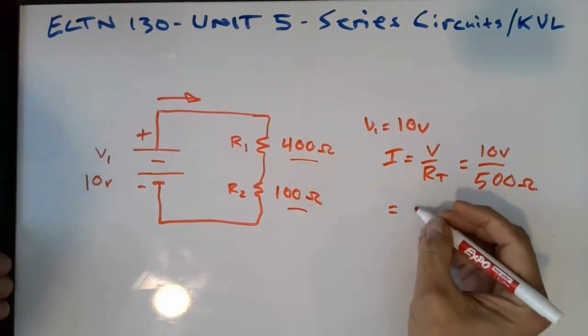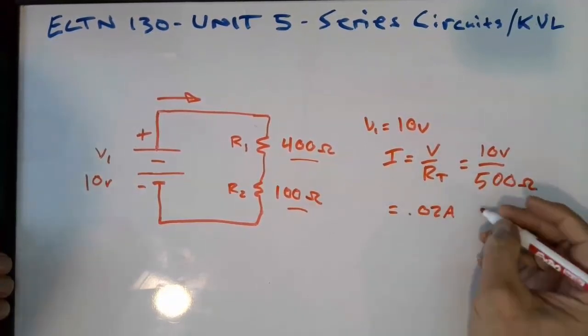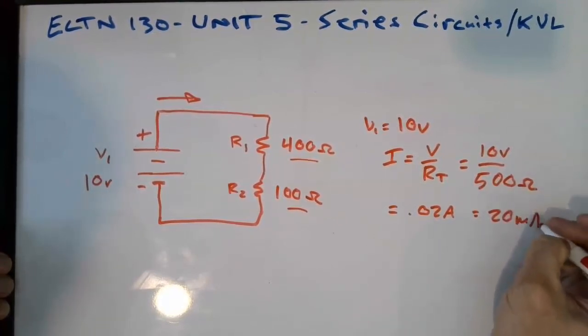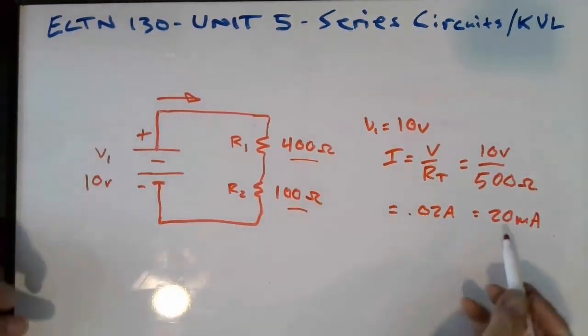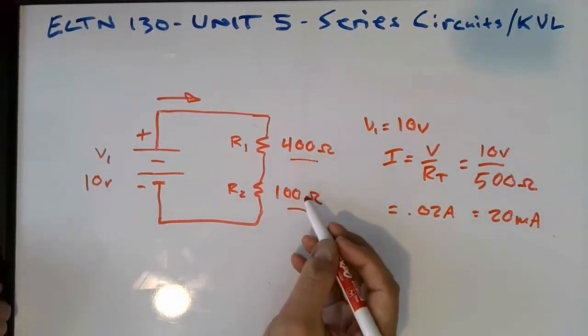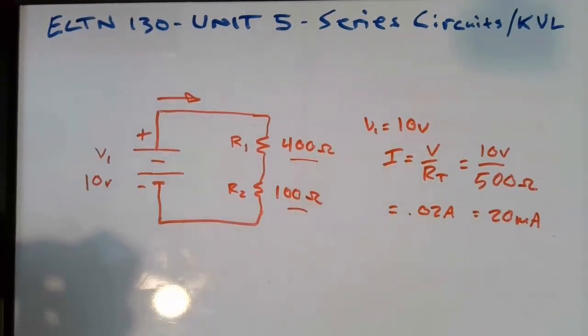If we calculate that out, that ends up being 0.02 amps, and we'd write that as 20 milliamps. Now, again, multiplying this value times these resistor values is going to give us the voltage across each of these resistors here. Let's go ahead and do that really quickly.